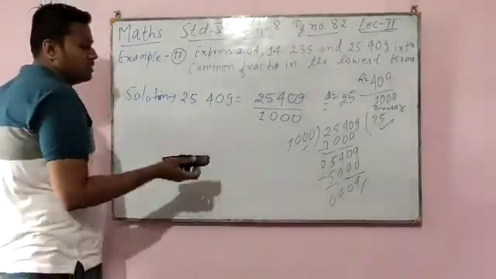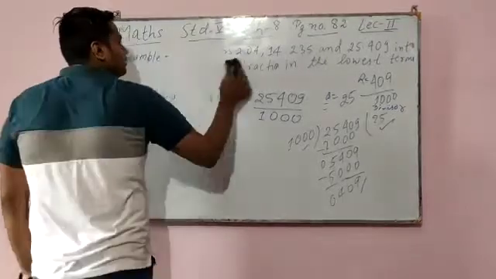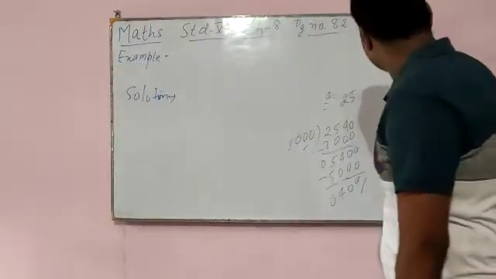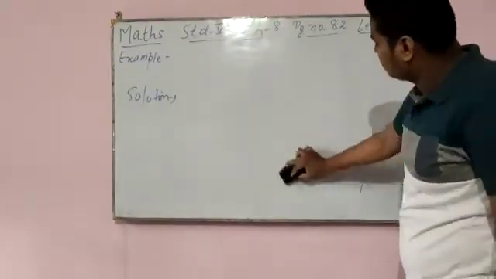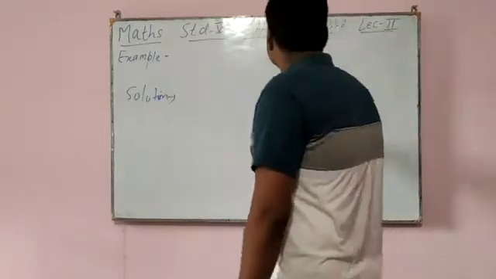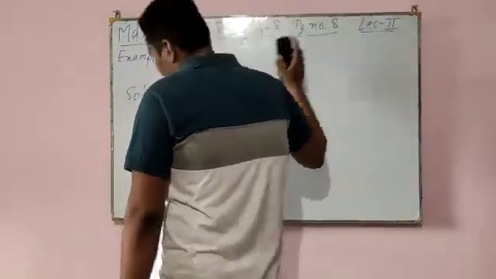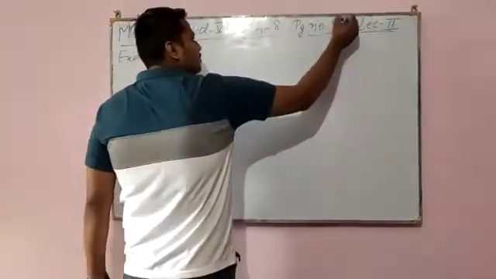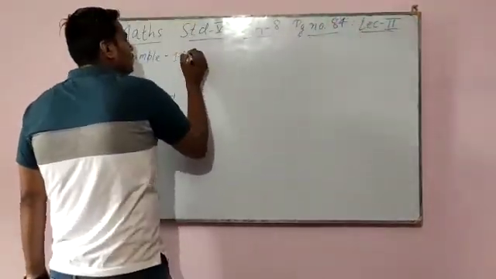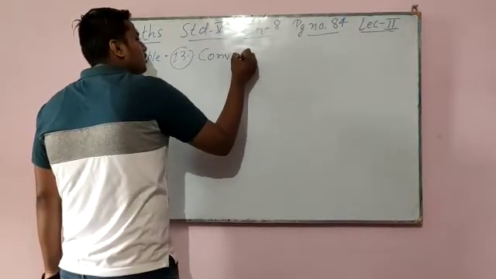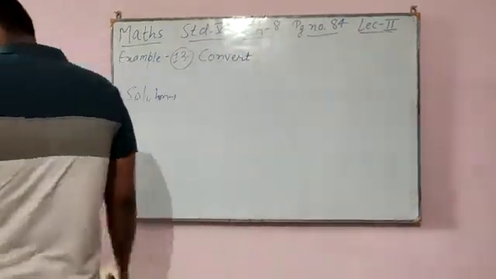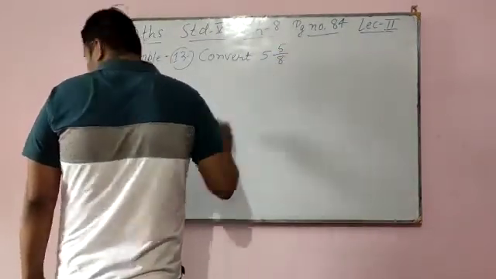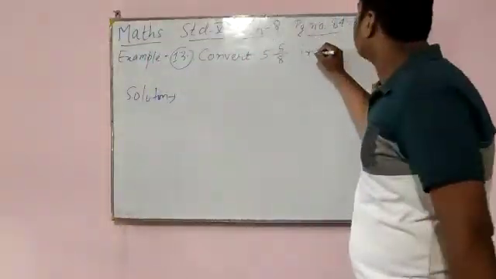Okay, then now come to example number 13. Page number 84, example number 13. Convert 5 5/8 into decimal fractions.